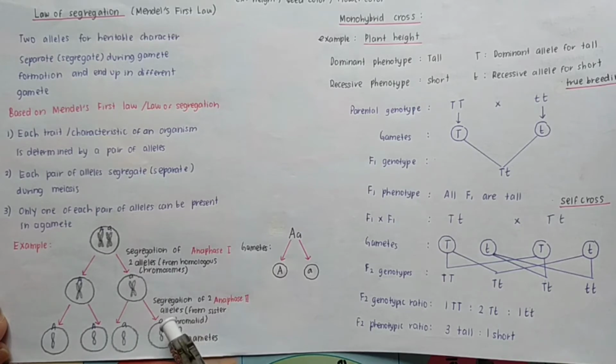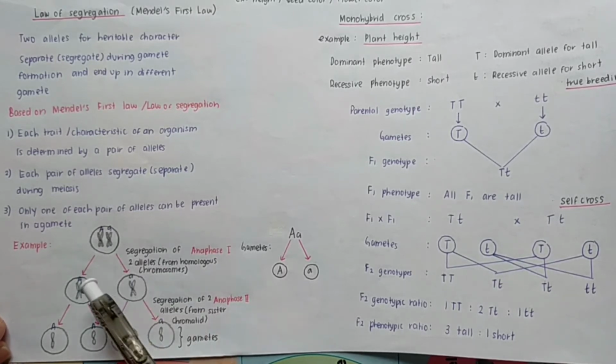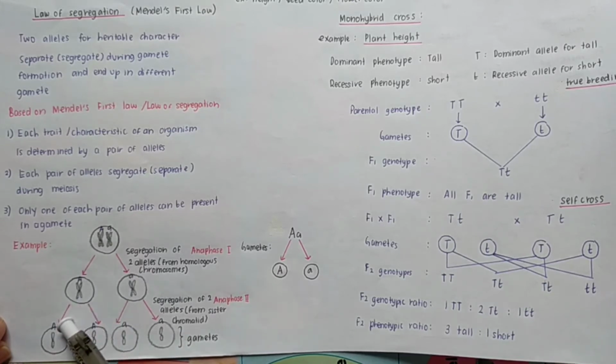So bila diteruskan dengan meiosis 2, during anaphase 2, segregation of these two alleles occurs. Maksudnya segregation akan berlaku melalui separation of the sister chromatids. So sister chromatid ni akan terpisah.